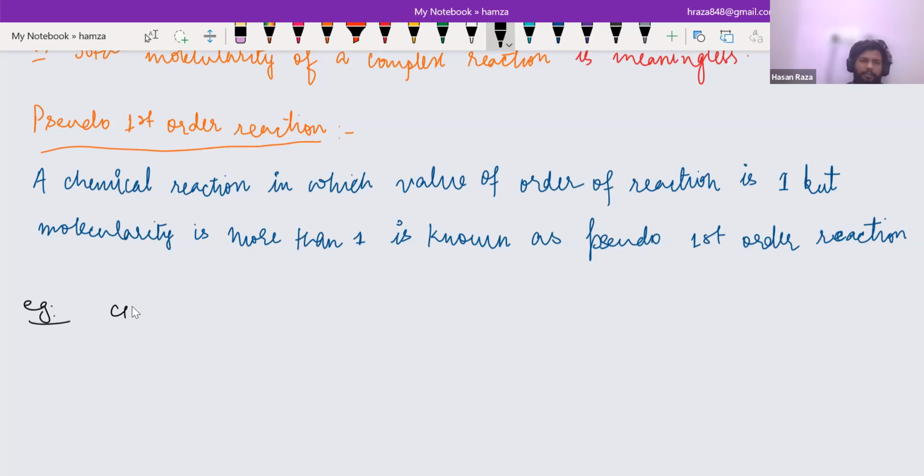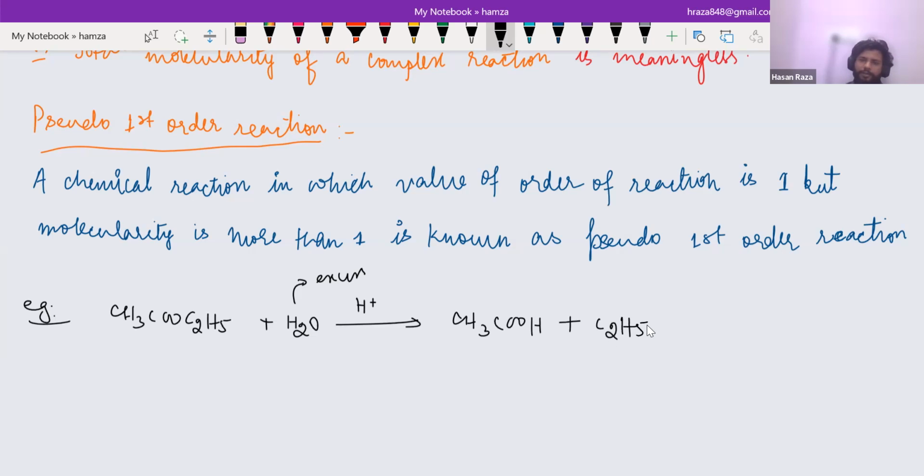I'm going to take an example: CH3COOC2H5, which is an ester, reacting with H2O in the presence of H plus. And here the H2O is in excess. The products will be basically CH3COOH and C2H5OH. You will learn about this in organic chemistry, aldehydes, ketones and carboxylic acids.